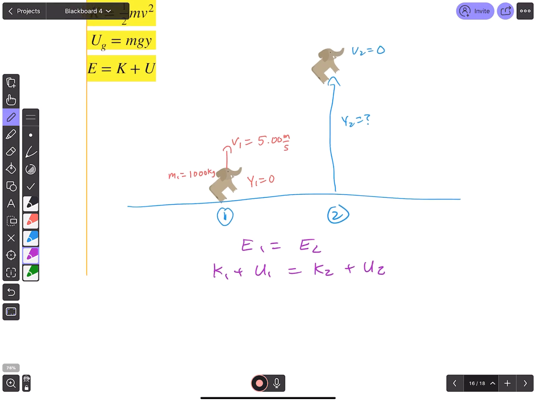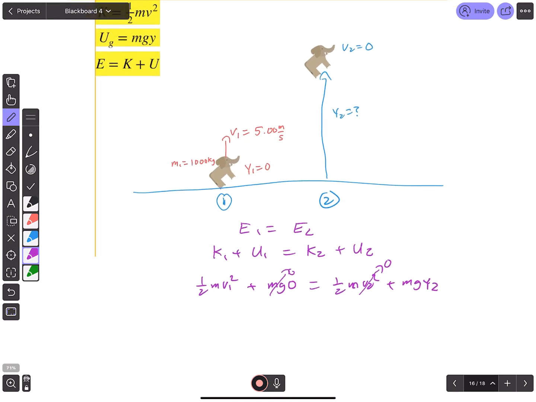K1 plus potential energy 1 equals K2 plus potential energy 2. So kinetic energy 1 is 1/2 mv1 squared plus mg y1, and y1 is 0 because it starts on the ground, so that's going to be 0, equals 1/2 mv2 squared plus mg y2. And v2 squared is 0, so that's also going to be 0.